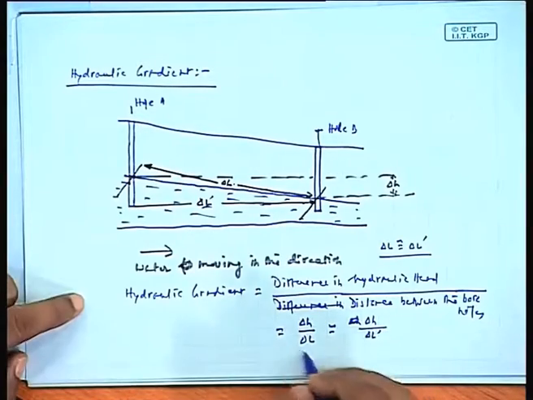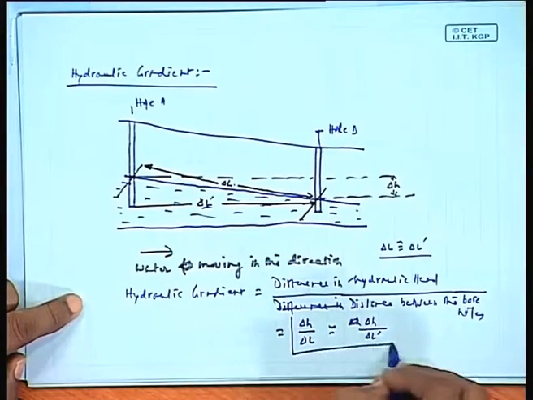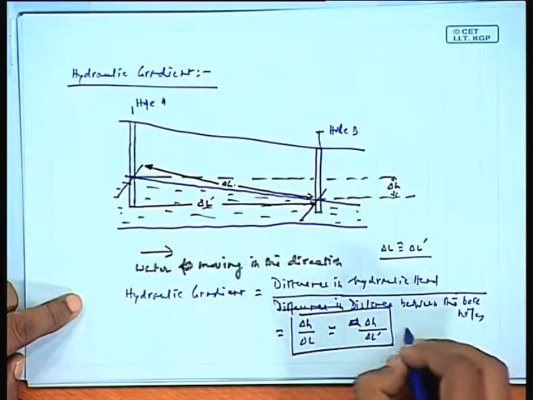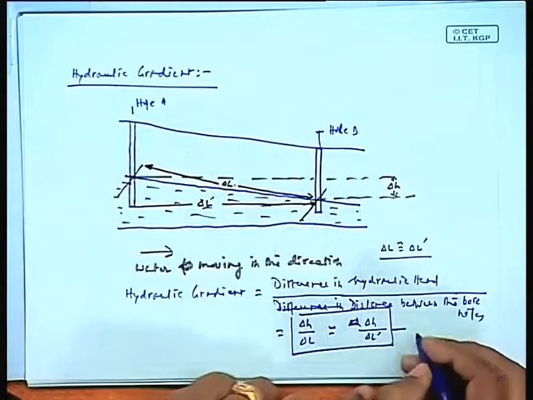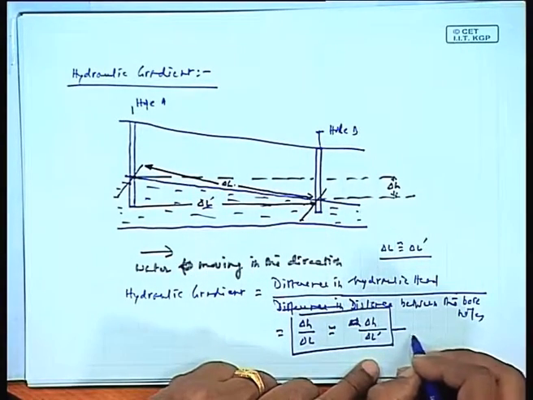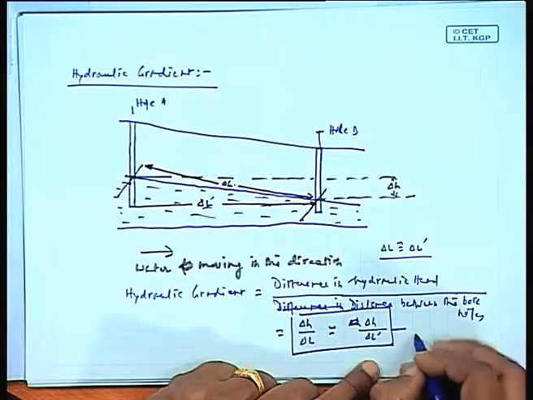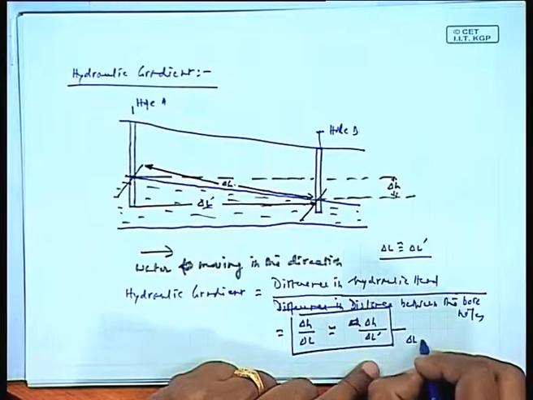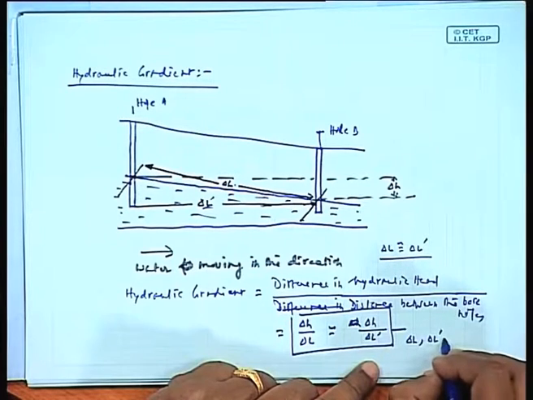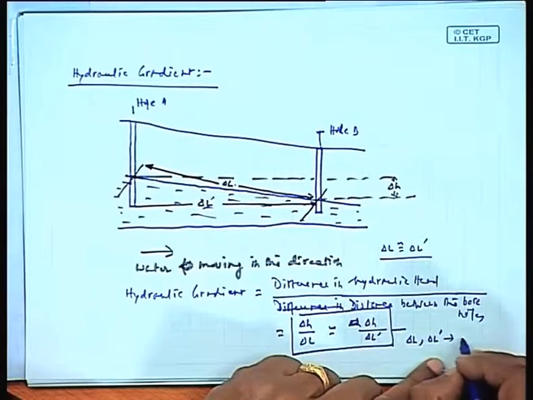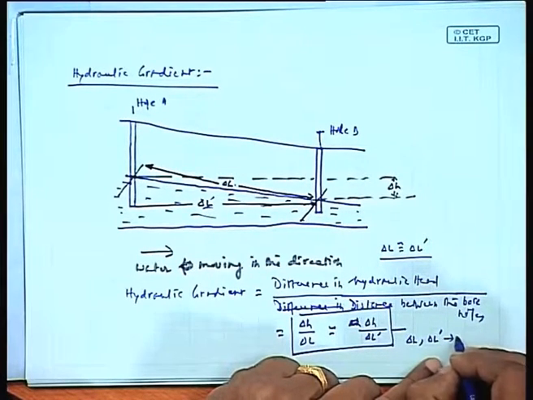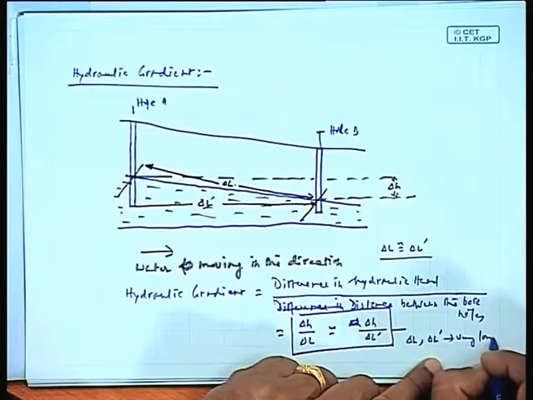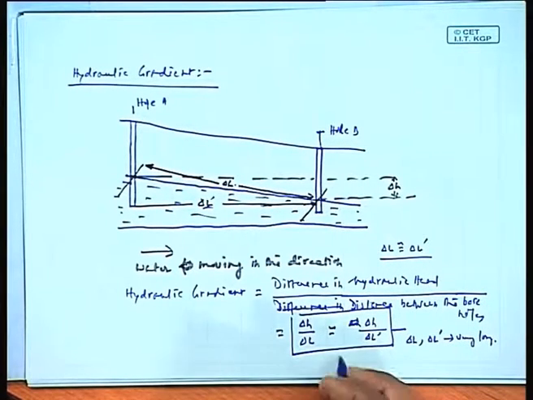In most cases, when the aquifer is a very long aquifer, and del L and del L dashed are very long, then we can consider them to be almost the same.